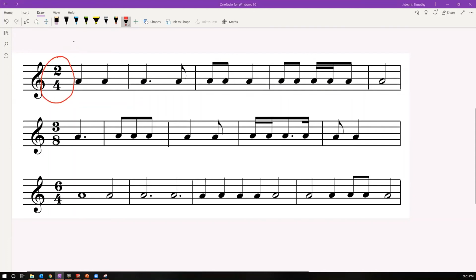Yes, there are 2 beats in a bar. You've only done that one. What about this one? What about the crotchets?